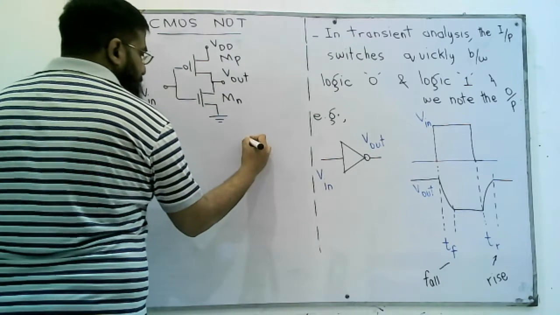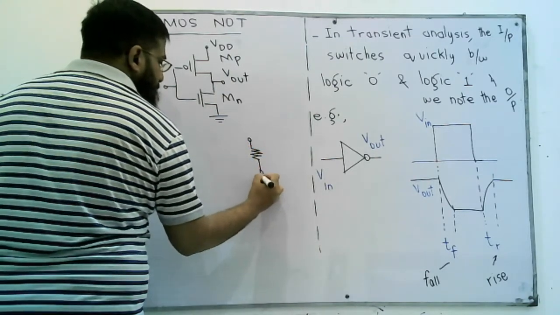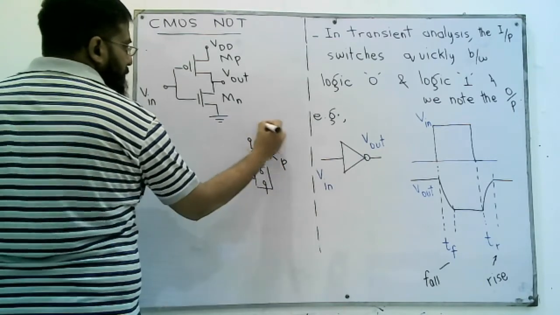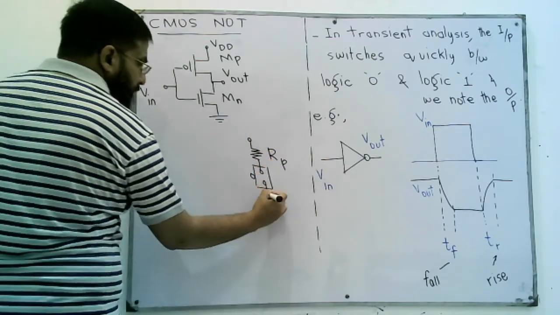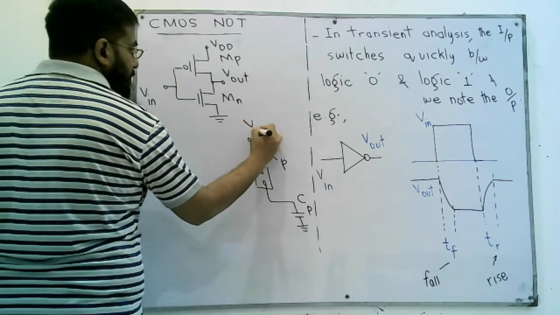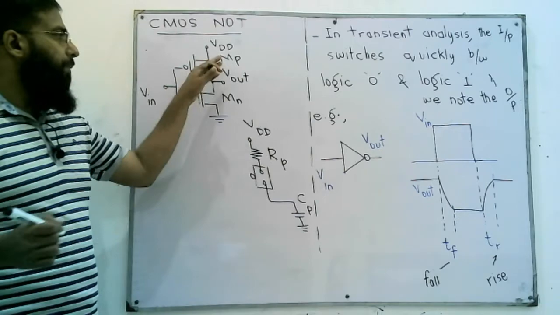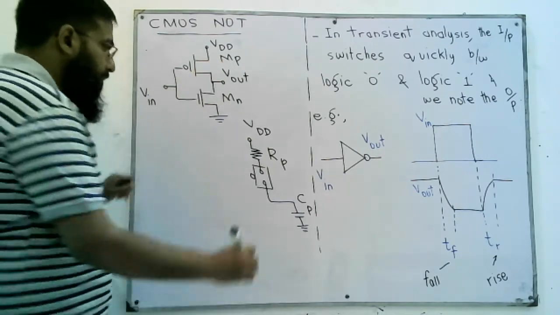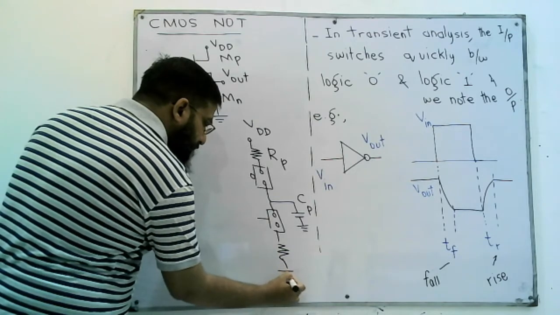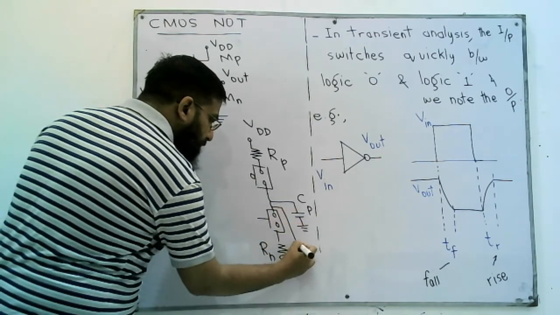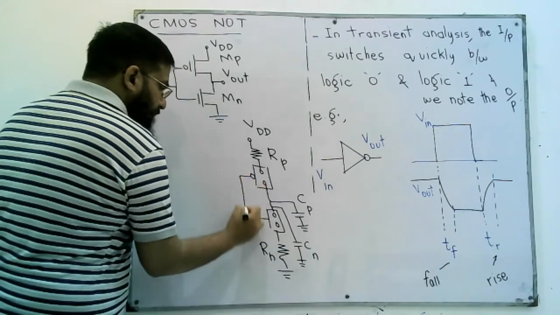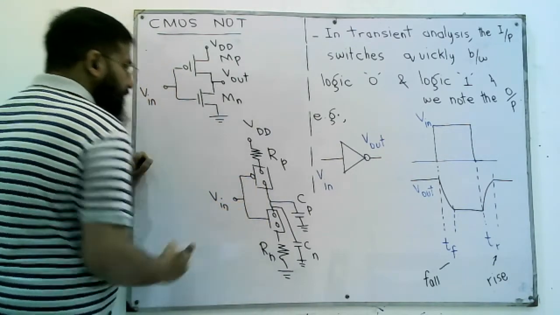This PMOS transistor can be translated as an RC circuit having the switch, VDD, where RP is the resistance offered by this PMOS and CP is the drain capacitance, and this NMOS can be drawn as a resistor Rn and a drain capacitor Cn, and these switches are controlled by the gate voltage, the gate to source voltage.